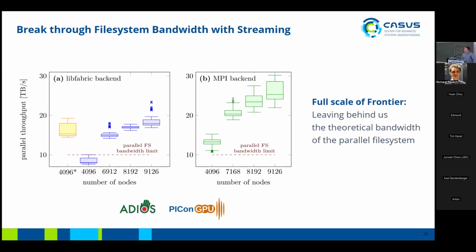Slingshot and InfiniBand are names of networks. So this is that brand, and this is this brand.